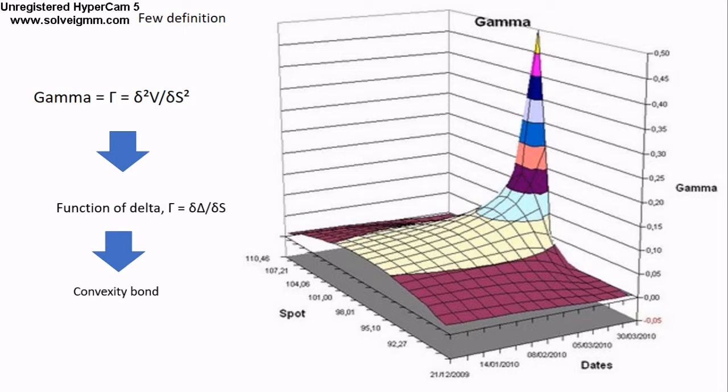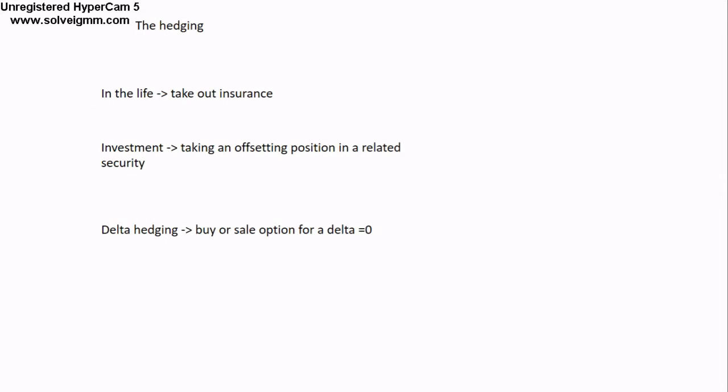This is important. So what is hedging? All people use hedging in their life, and some people don't know that. In life we have insurance: health, car, house, life. We put money, we make an investment with the insurance company, and when we need it, they pay for us some part or all.